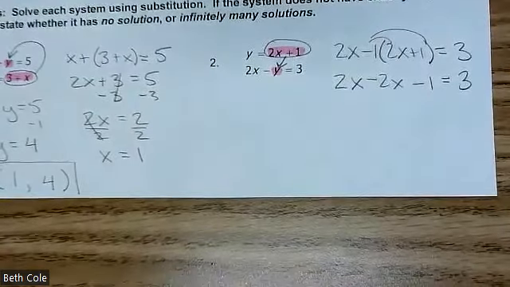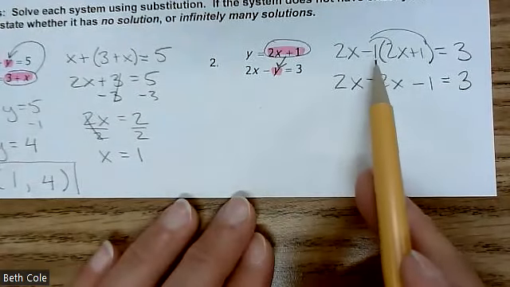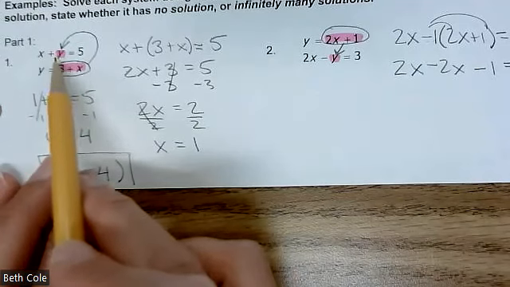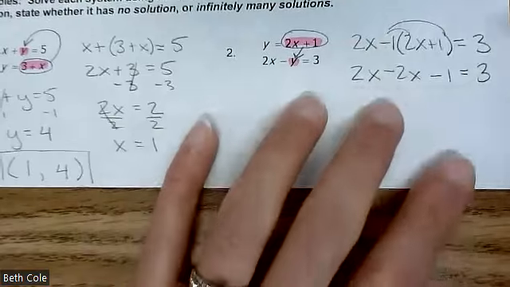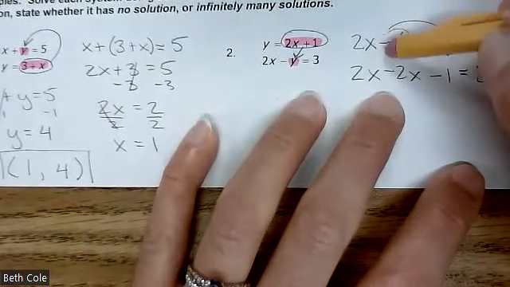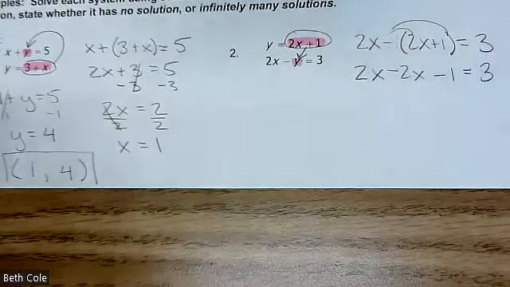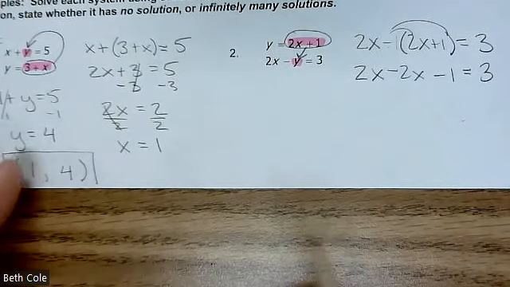Wait, so why for this one is there a 1 in front of the first, but for the last one there wasn't? This one simply did not have anything in front of the y. This one had a negative sign. You don't have to put a 1 there. I just did because sometimes that helps. If you want to just think about distributing a negative sign, that's fine too. So basically you would distribute the positive 1.